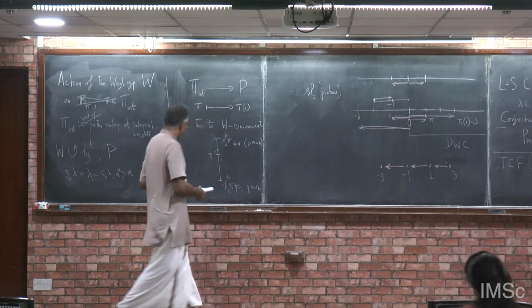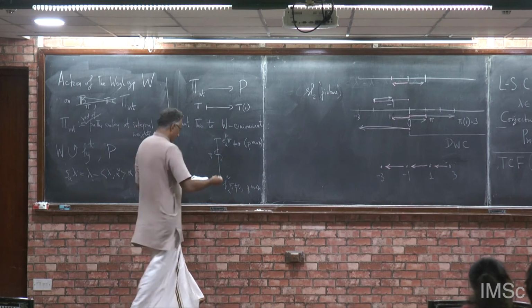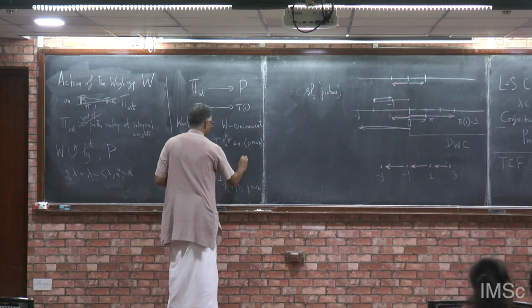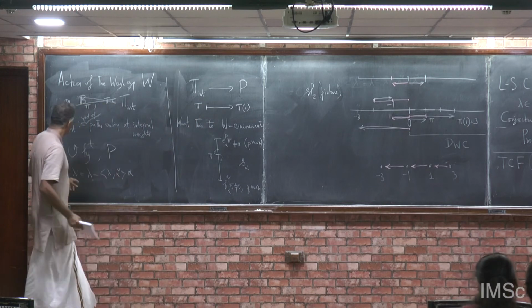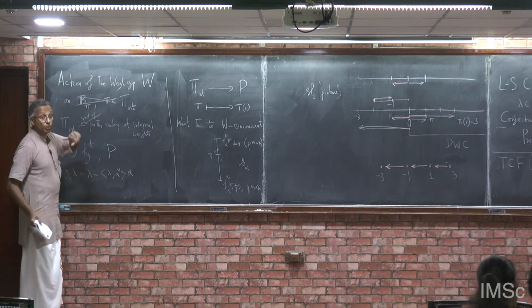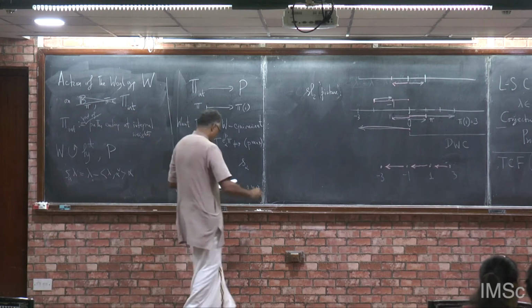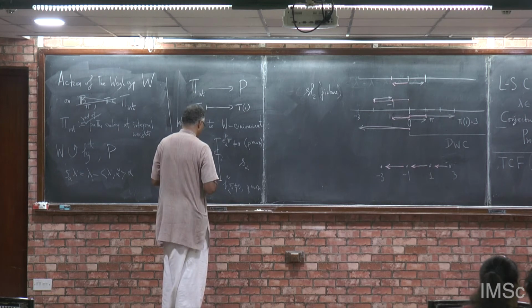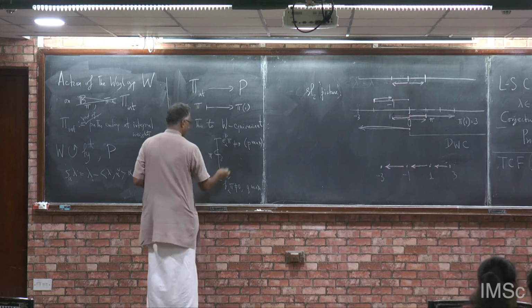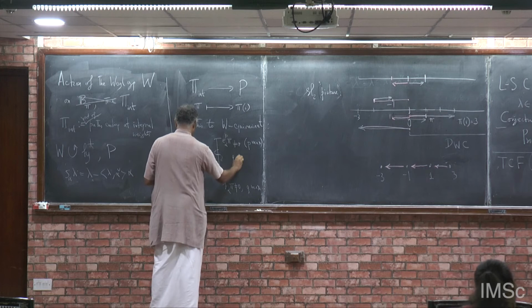Okay? So how do I define naturally S alpha of pi? I'm now defining the action of a simple reflection on a path pi. So for simplicity, let's say q minus p is positive.